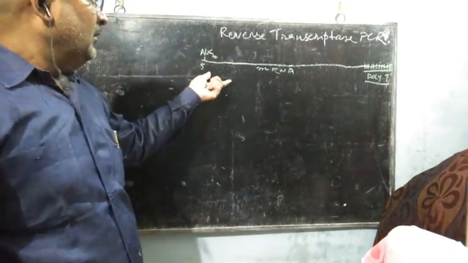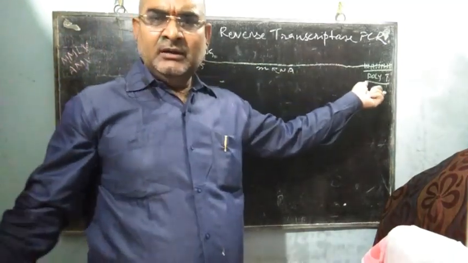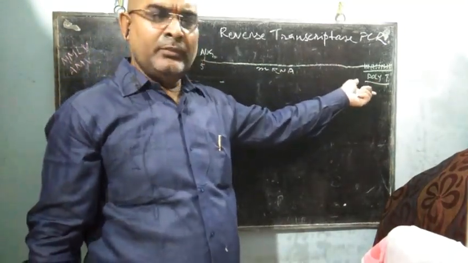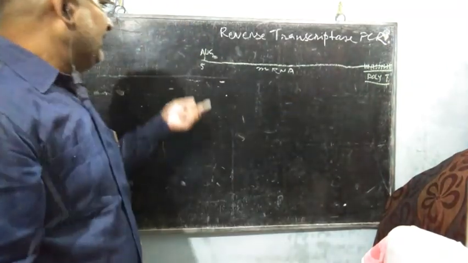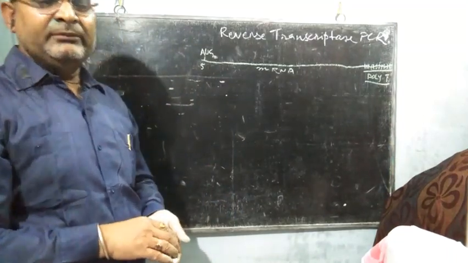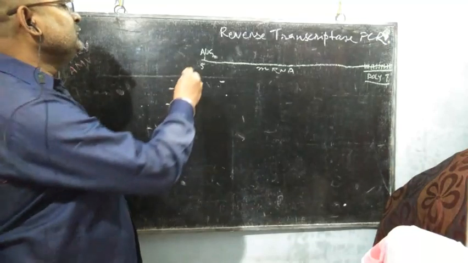At the 3' end, mRNA has a polymerized tail, the poly A tail, and at the 5' end, a 7-methylguanosine cap is present.